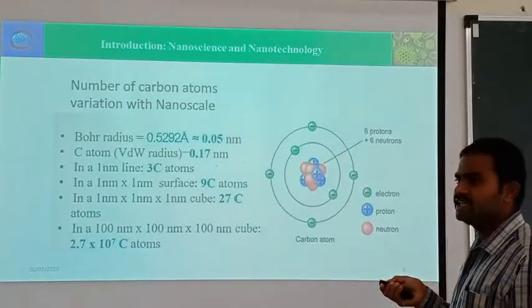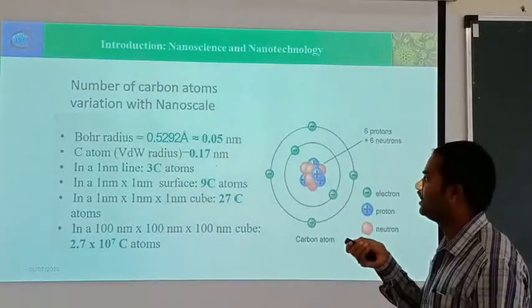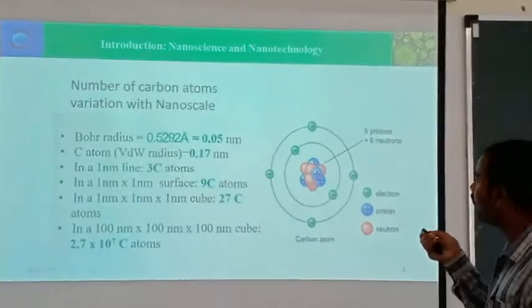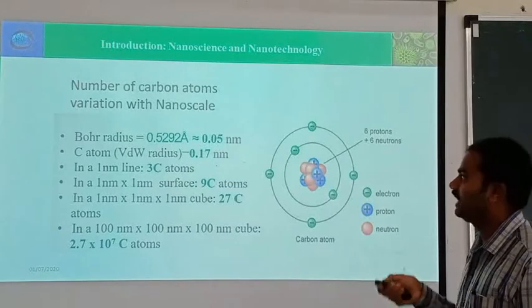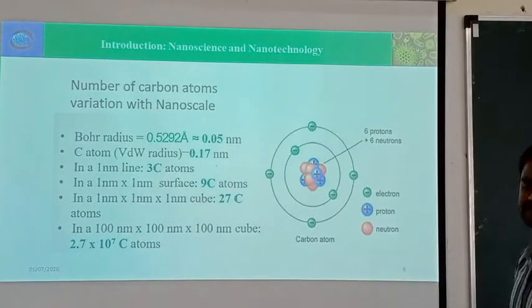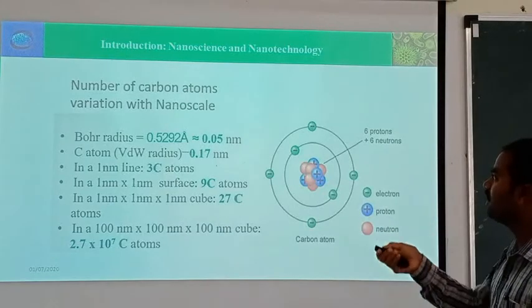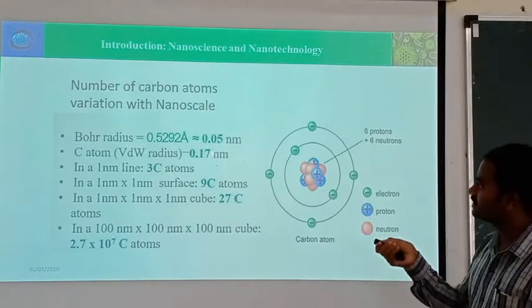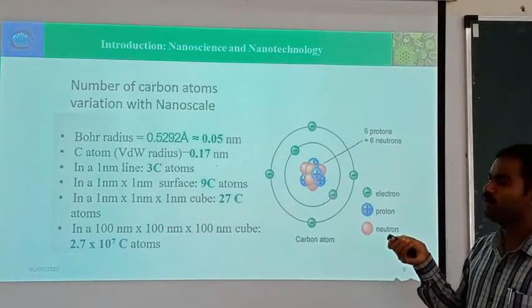Now, to better understand nanoscience and nano-related concepts, we consider some generic points related to the carbon atom, and the number of carbon atoms with respect to nanoscale. What happens with the carbon atom when you go to nanoscale? Consider the Bohr radius, in the range of 0.05 nanometer.